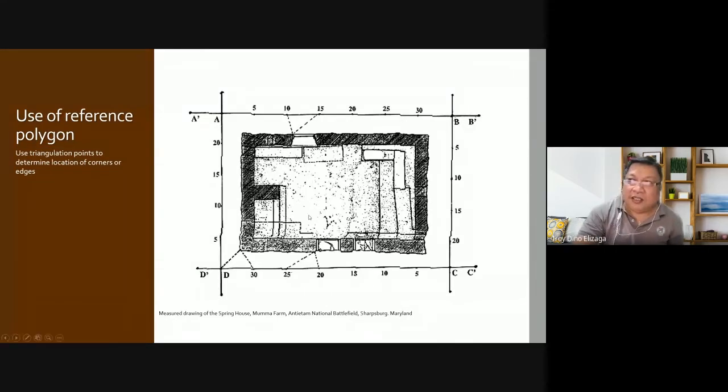I ended up documenting a house in Parian because the lot was bought by a company, and they were supposed to demolish the houses there. When they started to demolish one of the houses, they discovered that the bottom part of the house is made of coral stones, just covered with cement.